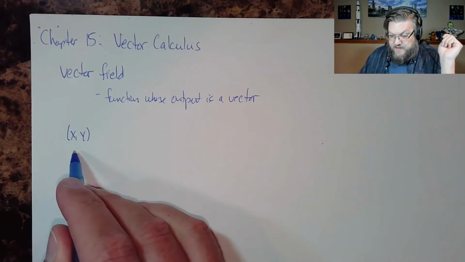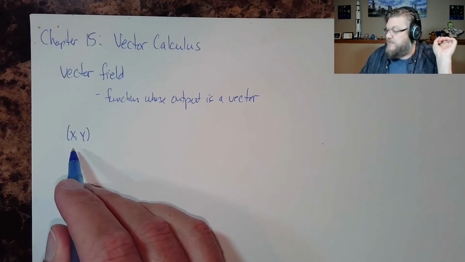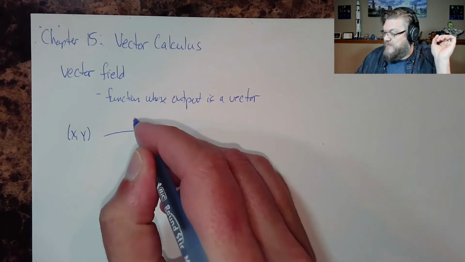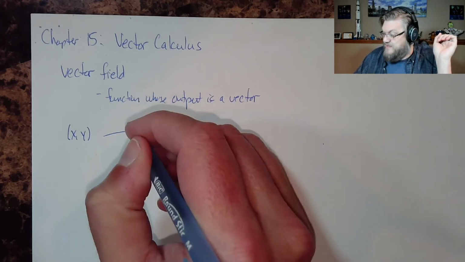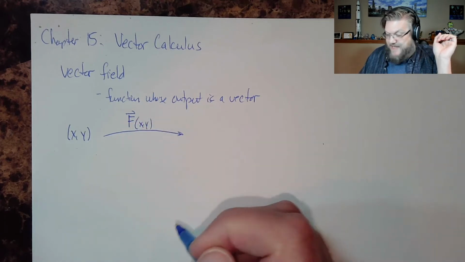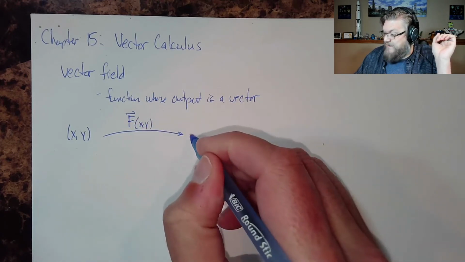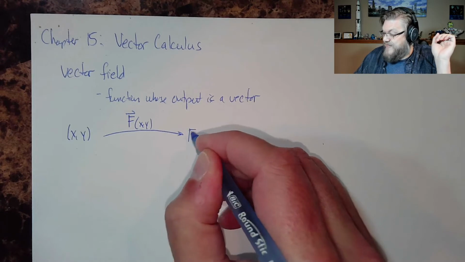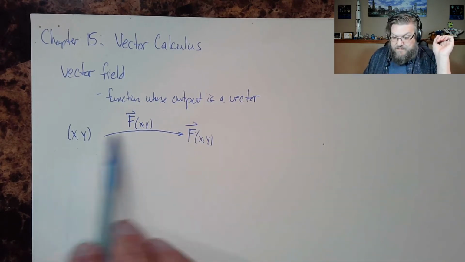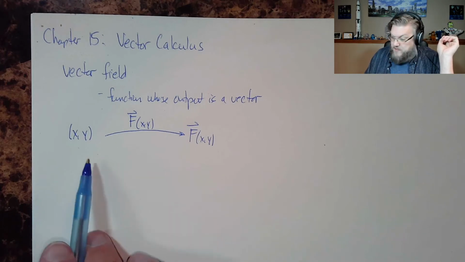We would input a dot, a point, a location in 2 space, and we would map it through some function. Let's call it capital F with a vector hat on it, like that. And it would get mapped to some vector, F of x, y, right?